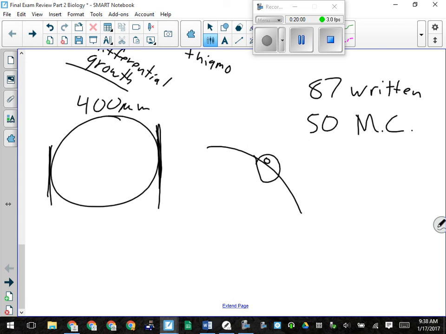Now let's say I'm looking at this thing. About how big is that? I would say I would accept probably anything between 100 and 150 micrometers as a reasonable estimate for the size of that object. Because remember, we do have to measure it on its longest dimension.